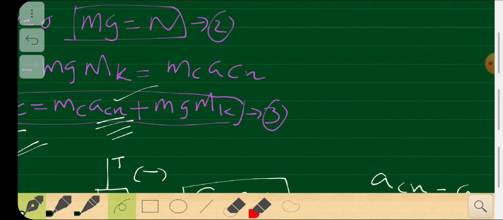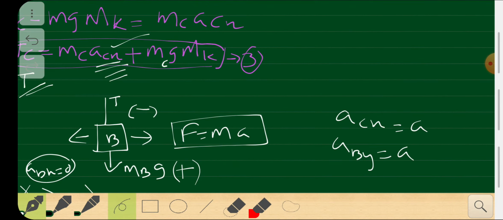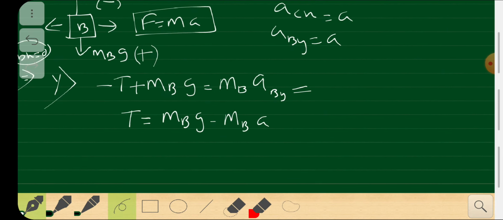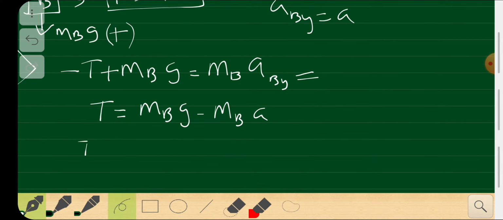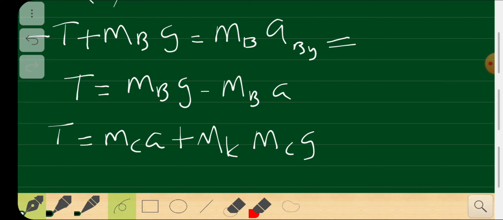Here m is the mass of the cart, so m is equal to mc. So that's the equation right there.